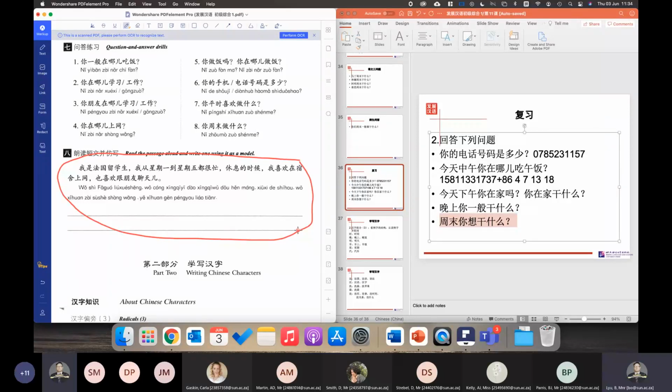In English, if you start a new sentence, what is the indicator? You repeat the subject, right? Or you use another subject. For example, 我是法国留学生，我从星期一到星期五. This is regarded in English, or most Western languages, as two sentences because you repeat the subject and change the predicate, the verb, the object.